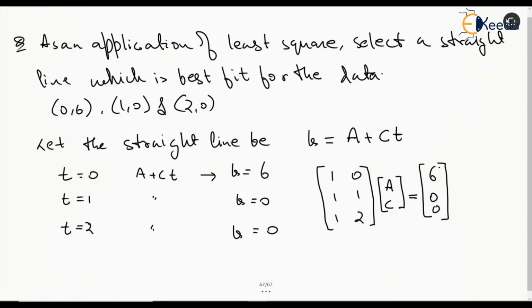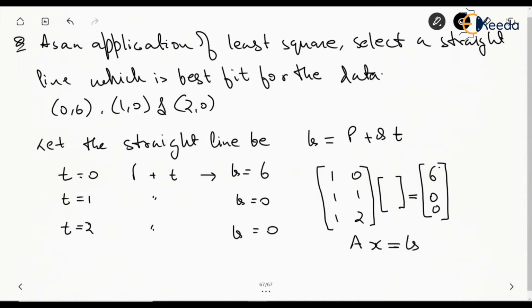This is nothing but the matrix equation Ax is equal to B. If it is confusing, we can change this variable to some other term. Let's say P and Q. P plus QT, P plus QT. So basically we are forming a matrix which is supposed to satisfy this.